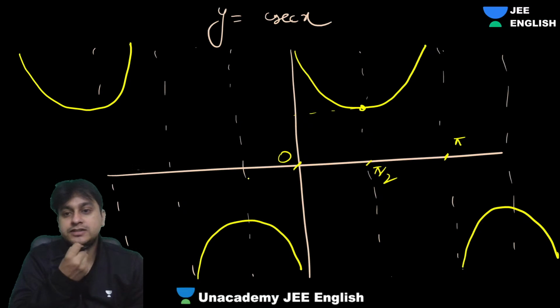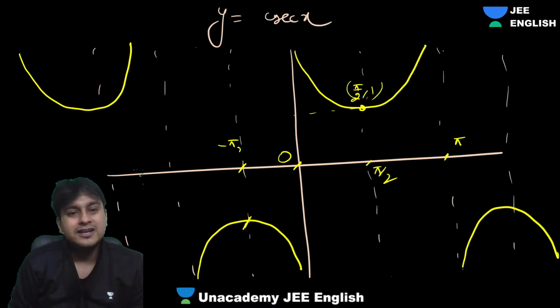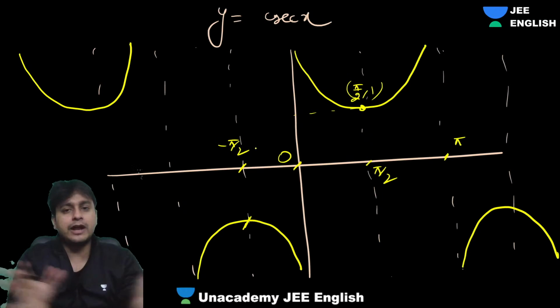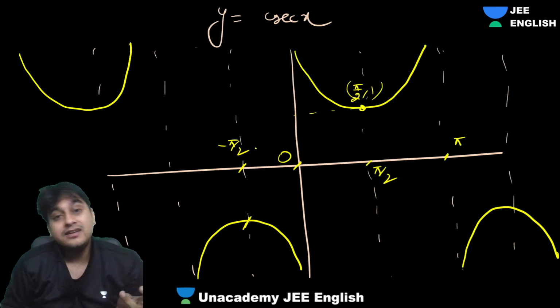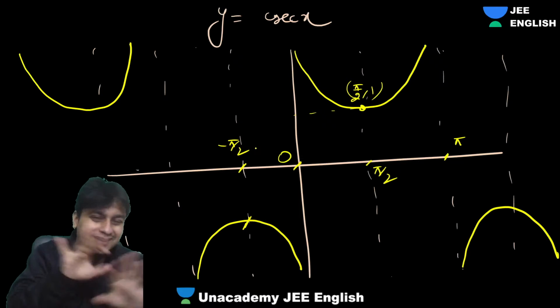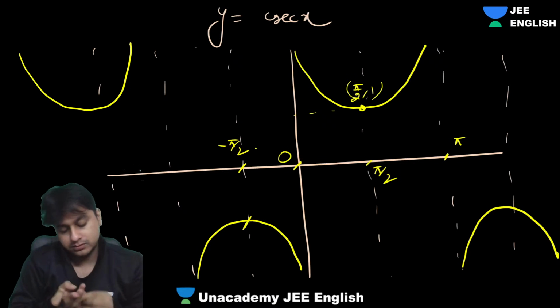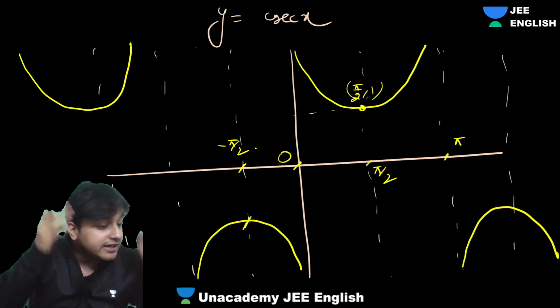So this is the cosec x graph, right guys? This is a point we know, which is nothing but pi by 2 comma 1. So guys, it's pretty evident. We will cut it from where? Here to here, right? Pi by 2 to minus pi by 2. So in general, if you talk about sine, tan, cosec, we are cutting between minus pi by 2 to plus pi by 2. For sec, cos and cot, we are cutting between 0 to pi.